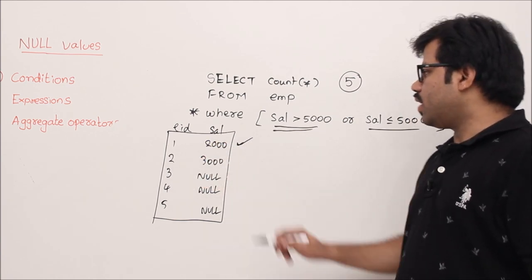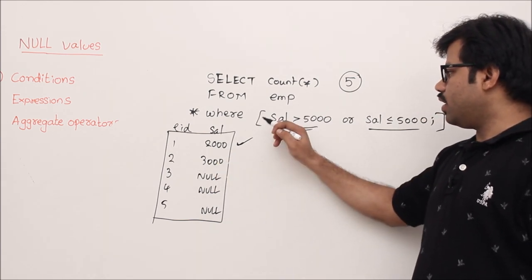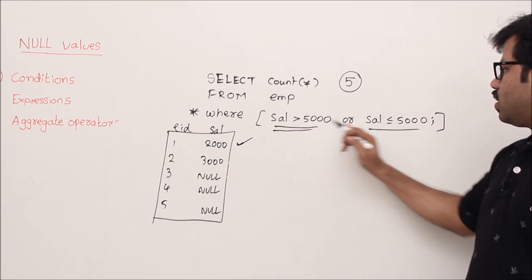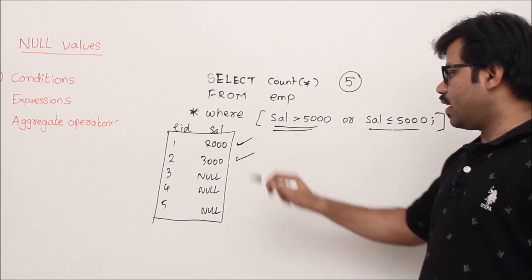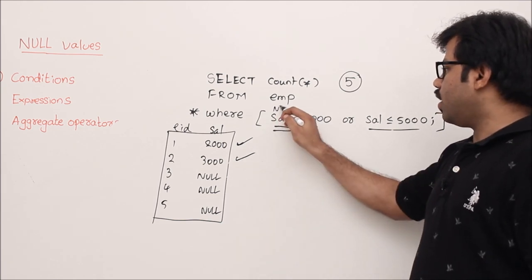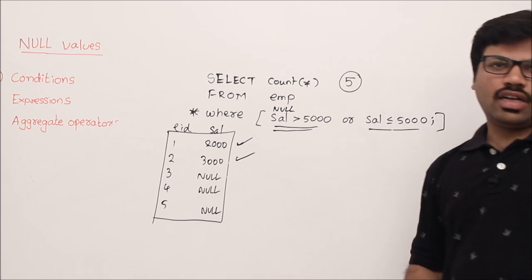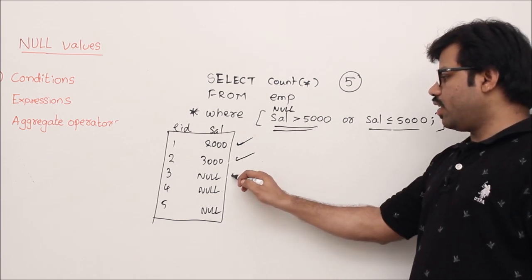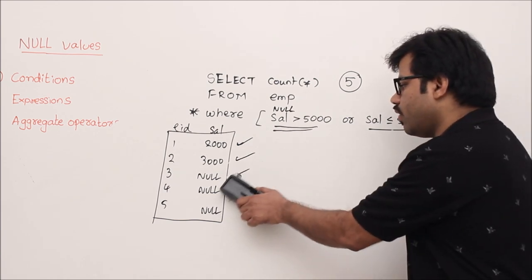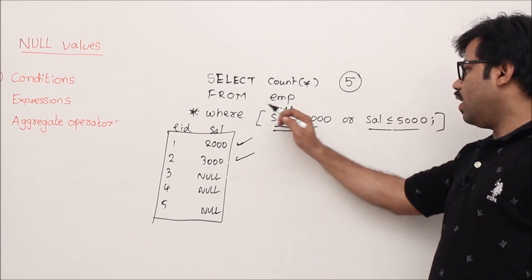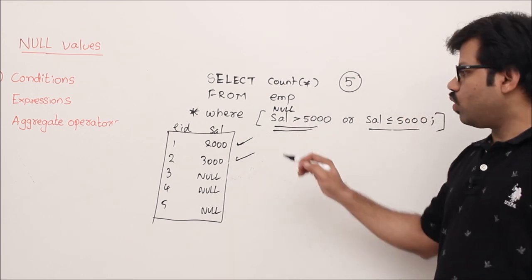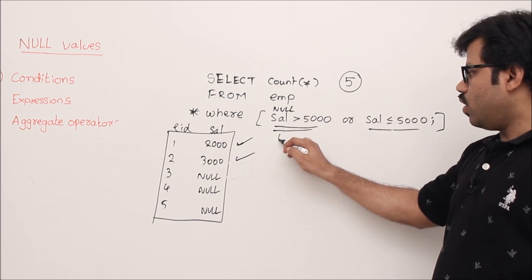After that, 2 comma 3000. For that, salary is 3000. 3000 > 5000 is false, but the other is true, so this will be selected. Now it is time to substitute null: salary is null when evaluating the third tuple. Whether it is selected or not, we'll see. Null > 5000 is evaluated to what value? Unknown, correct?